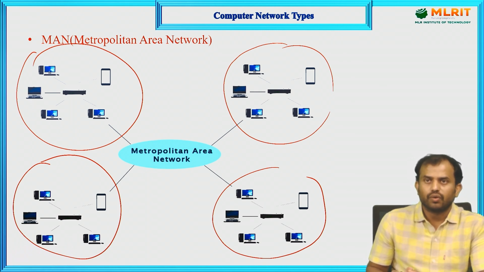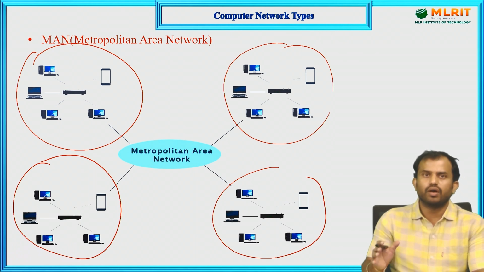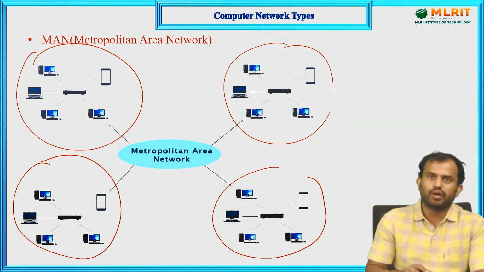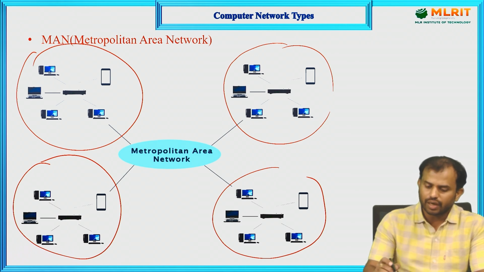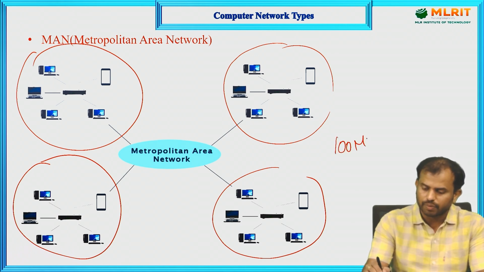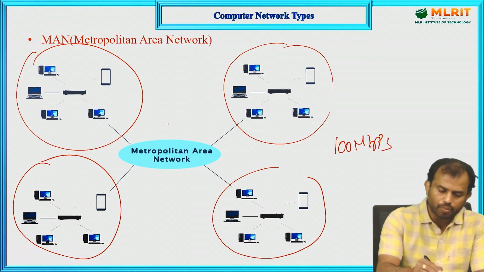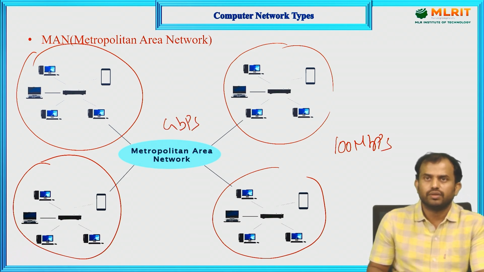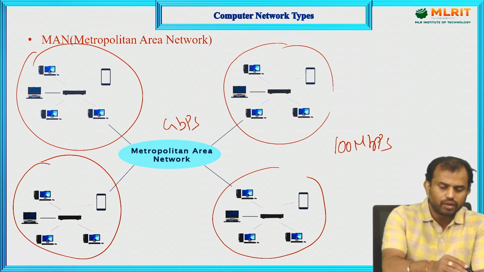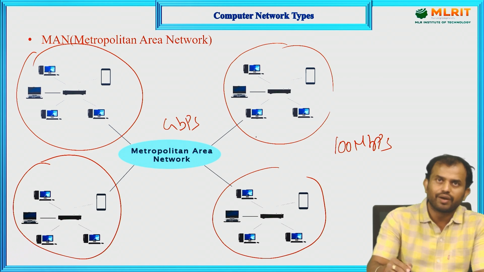A local area network connects small buildings and small architectures, but the metropolitan area network can communicate across a longer region, within cities, providing longer ranges between LAN connections. LAN connections are in the range of 100 Mbps, but the metropolitan area network is in the range of gigabits per second. There it is megabits, here it is gigabits per second. So it can connect to n number of LAN connections.